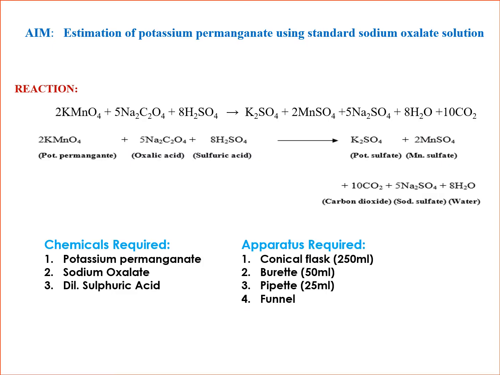When you come to the reaction between potassium permanganate and sodium oxalate in the presence of acidic medium, we use dilute sulfuric acid to generate the acidic medium. Potassium permanganate reacts with sodium oxalate, which gives potassium sulfate, manganese sulfate, sodium sulfate, along with the release of carbon dioxide and water.